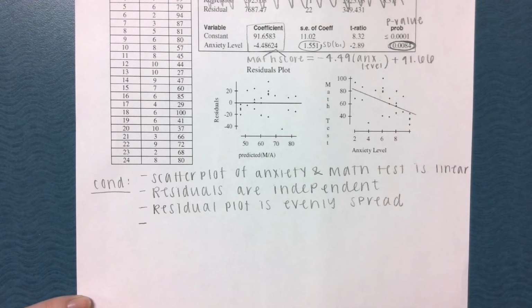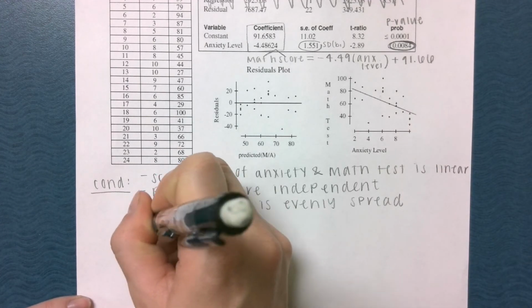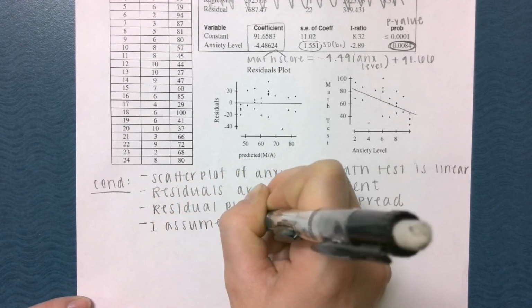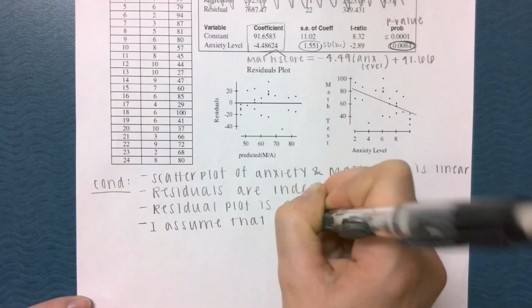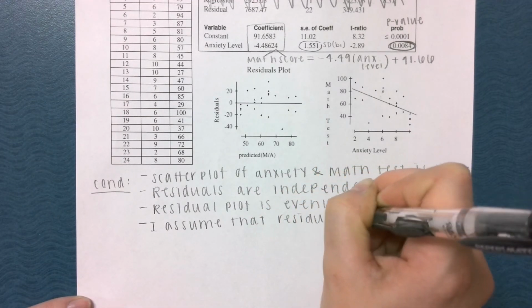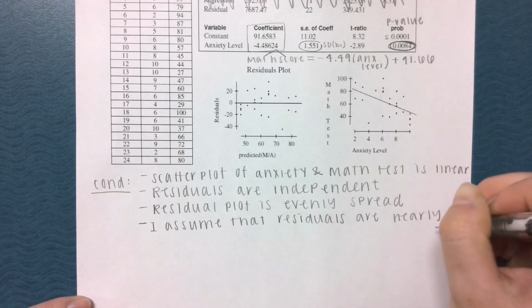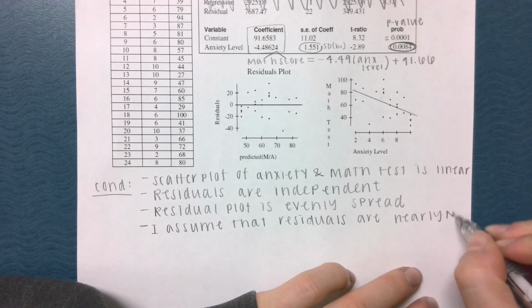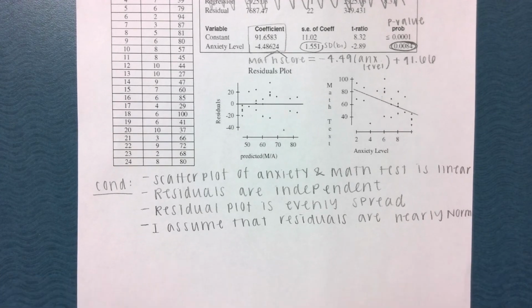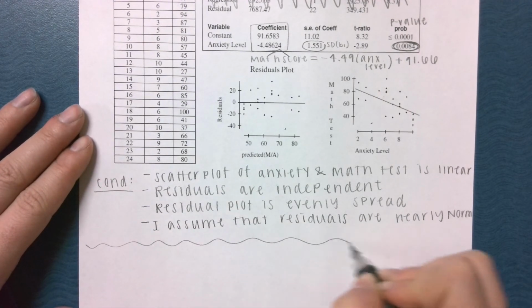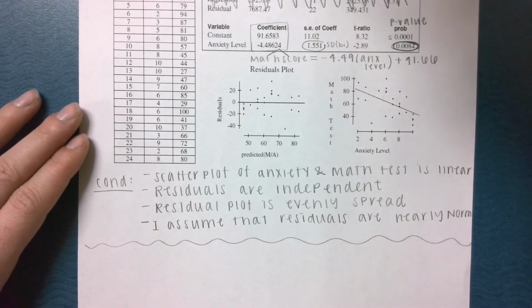This example did not, so I'm going to say I assume that residuals are nearly normal. Okay, my conditions are met, so I can start making this confidence interval.